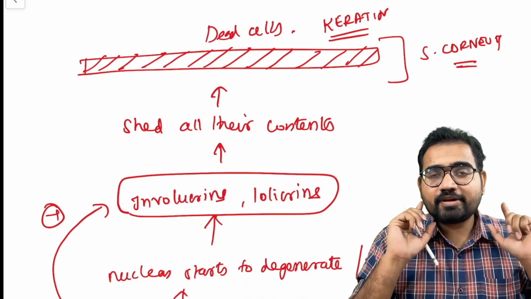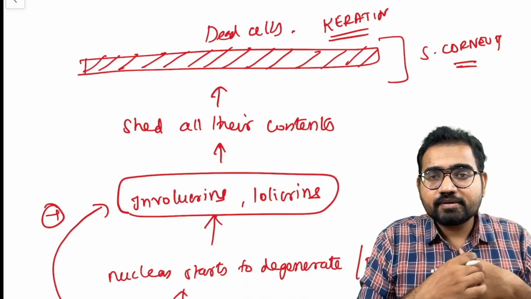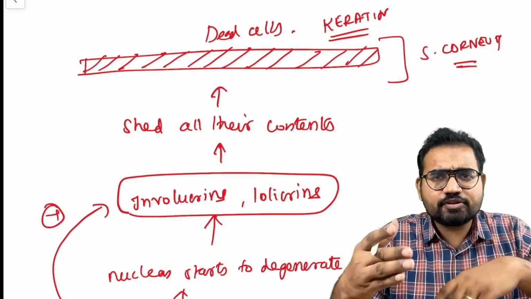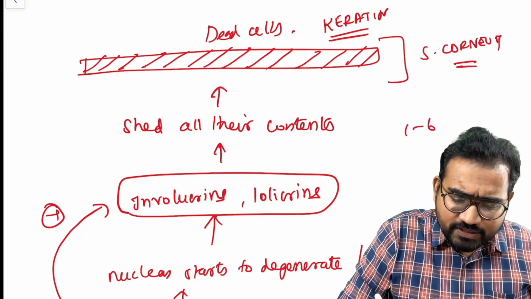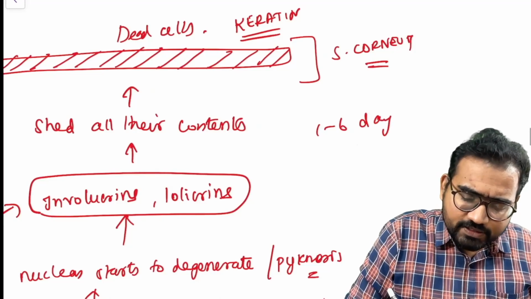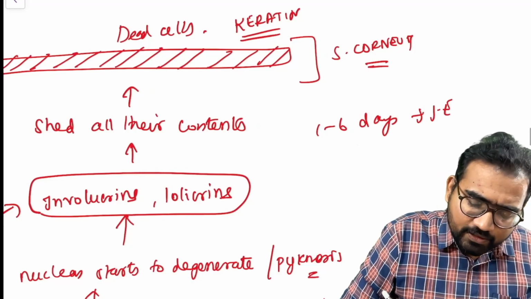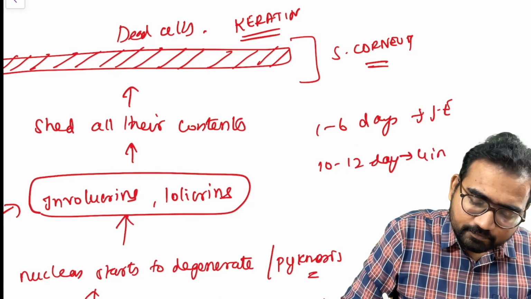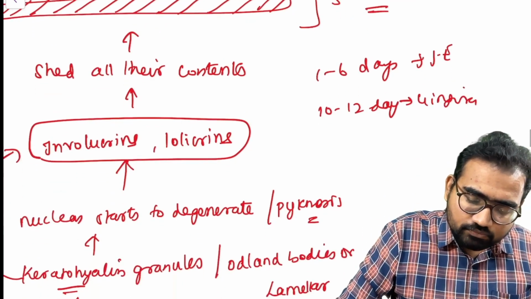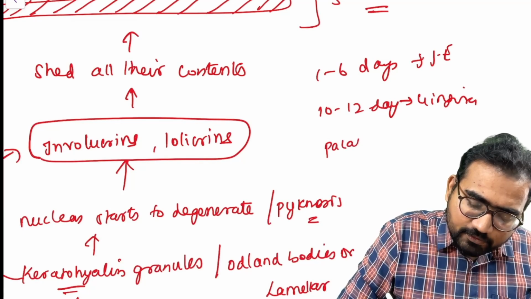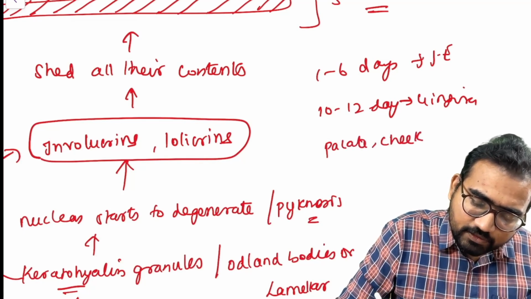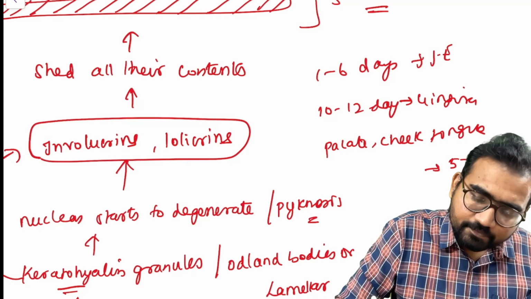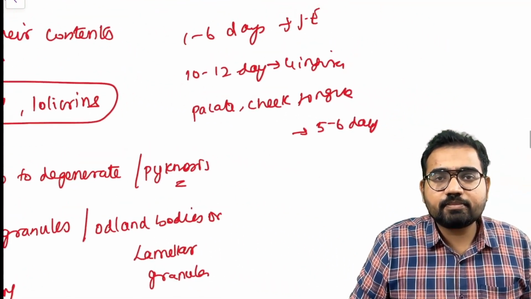Okay, so whenever there is turnover, this means the cells die over a period of time. There's a turnover rate for every cell, for example 1 to 6 days for junctional epithelium, and around 10 to 12 days for gingiva, and for palate, cheek and tongue it will be 5 to 6 days.